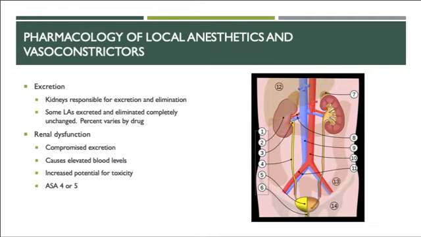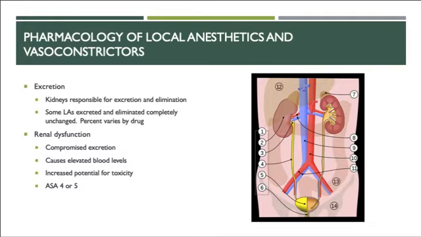As mentioned before, about 70% of an injected drug undergoes metabolism or biotransformation, and some of the remaining percentage of a given dose is excreted completely unchanged in the urine. The percentage really varies greatly according to the drug. Patients with significant renal impairment may not be able to eliminate the parent local anesthetic or its metabolites from the blood, and this increases the potential for systemic toxicity.